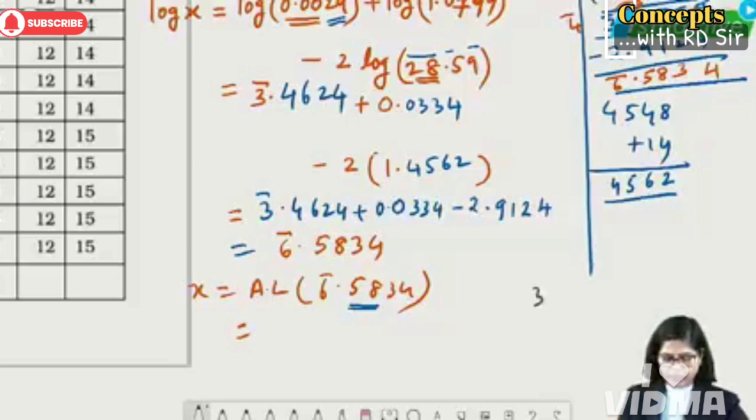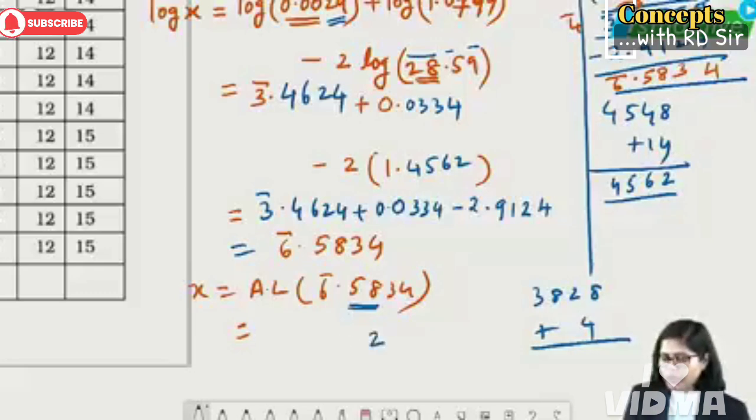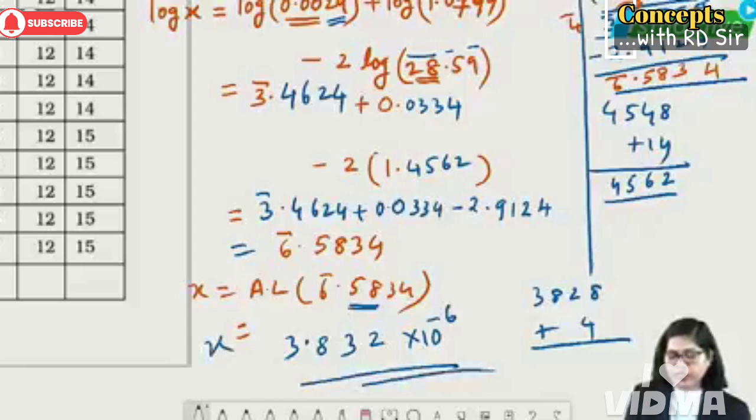You are getting here 3828 plus, and the fourth column I am getting it as 4. So we are going to add this 4 to this. So the final answer we are getting here is 2383. This is the number we got from antilog. So after one digit you are going to put the decimal, into 10 raised to minus 6. This is the answer we are getting after solving everything here, right?